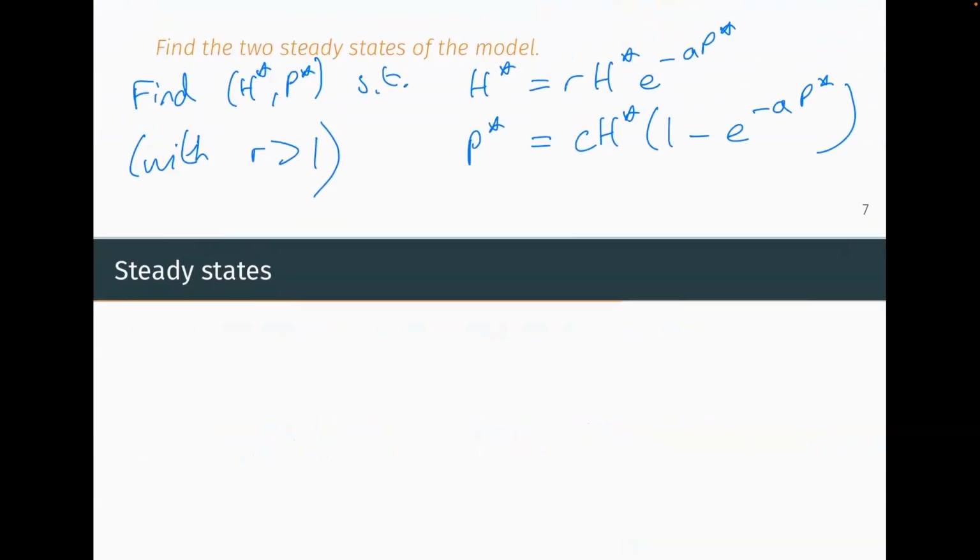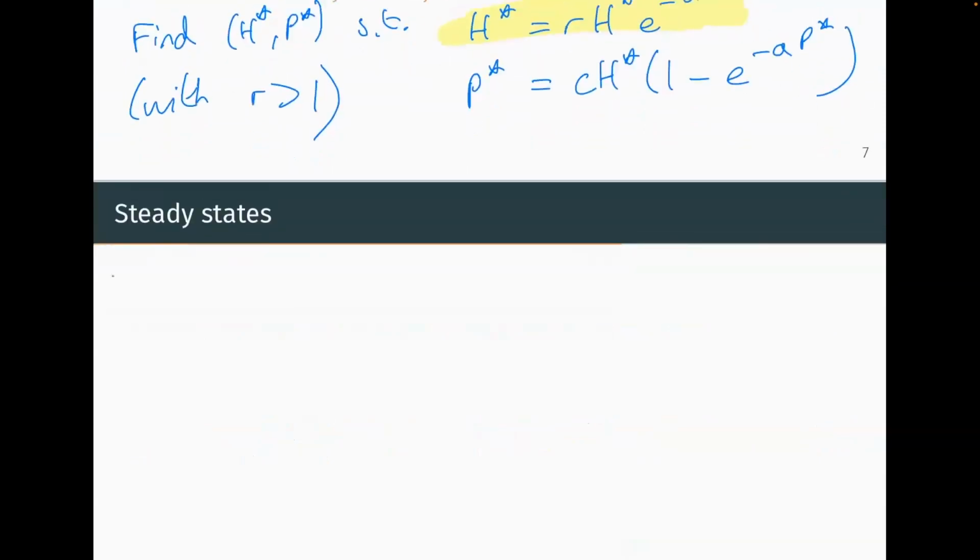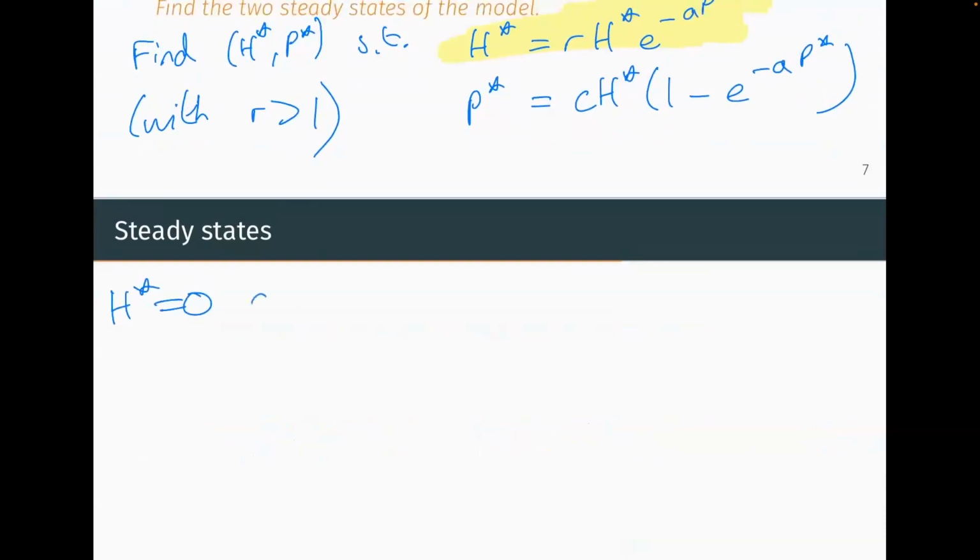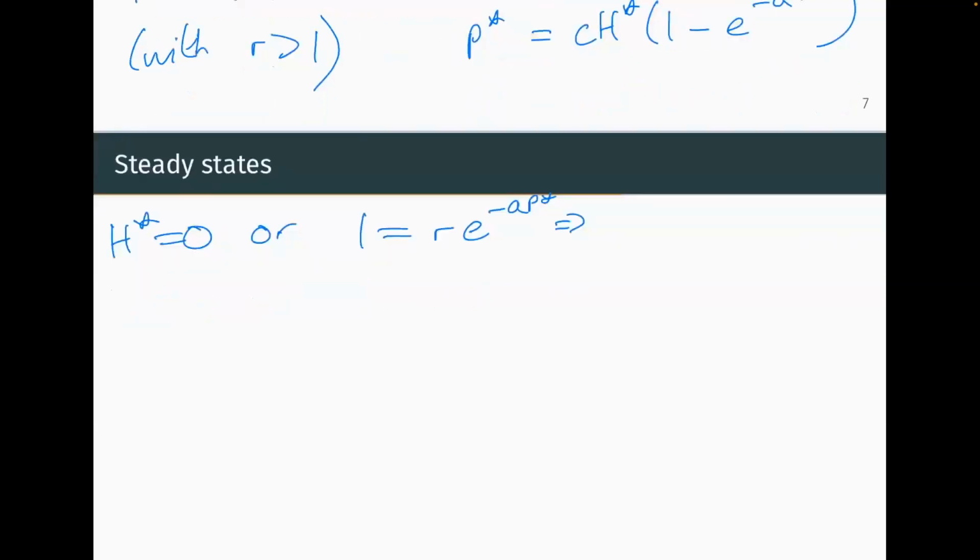From this first equation here, h star is equal to r h star e to the minus a p star, sorry. We know that h star must equal 0 because it's on both sides, or we can divide by h star, in which case we'll have 1 is equal to r e to the minus a p star. We can rearrange this as log of 1 over r.